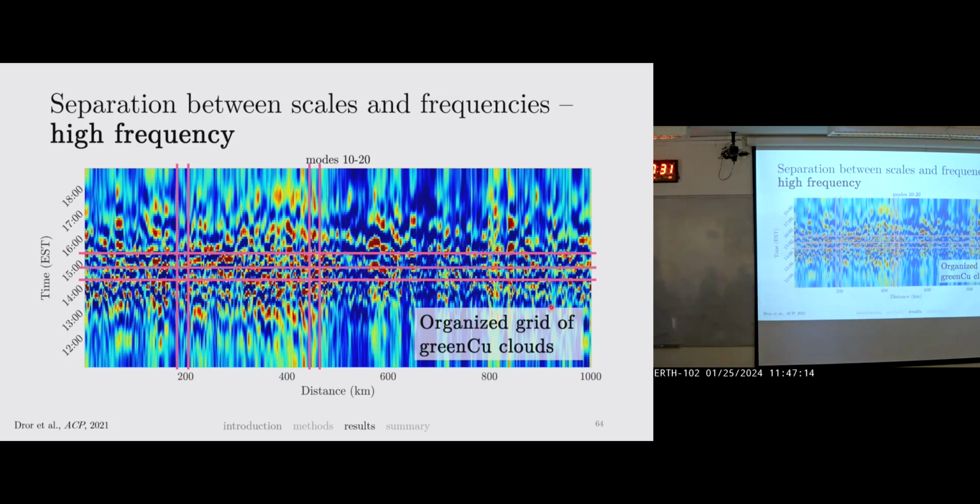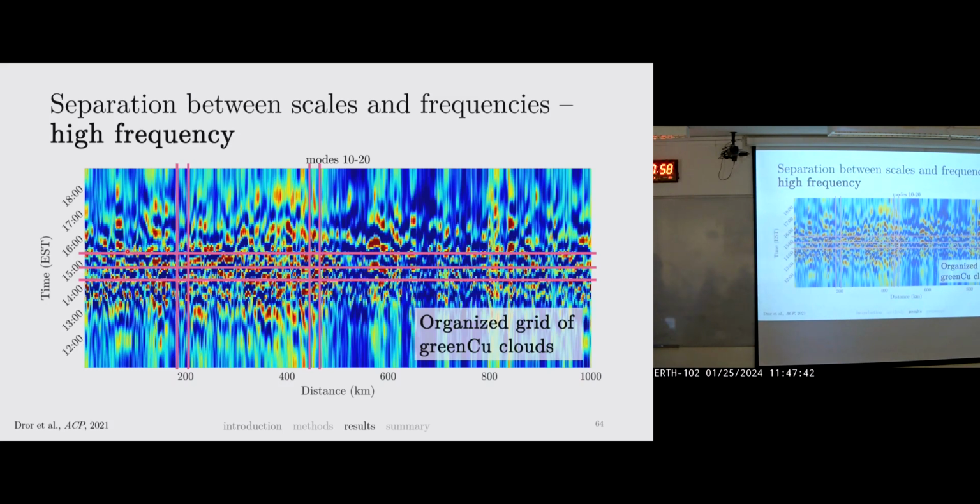So you can see green Q clouds in adjacent cloud streets that can be hundreds of kilometers away from each other, and still it seems there is some coherence in their formation and dissipation during the day, indicating a very organized grid of clouds that goes much beyond the single cloud or the parcel model that we used to think about.